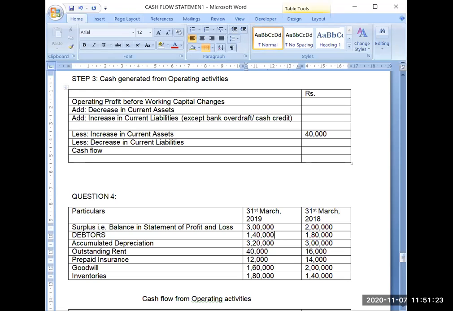Sorry, cash balance will increase. So that's why I am adding decrease in current assets. Now I hope the logic is clear why we add decrease in current assets and why we subtract the increase in current assets. These two points are clear.